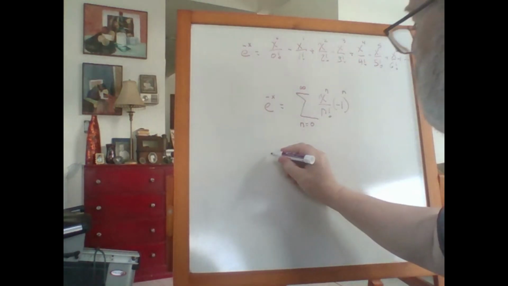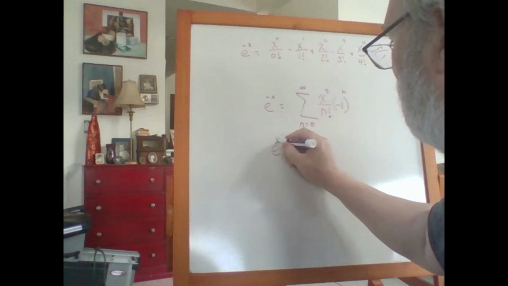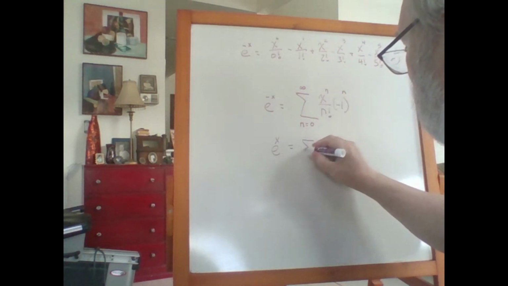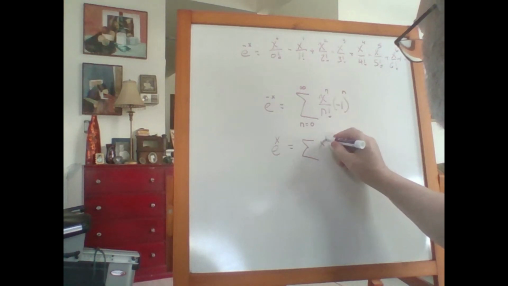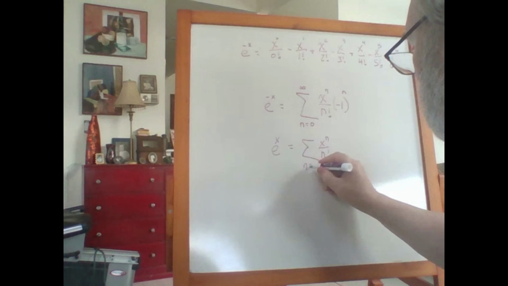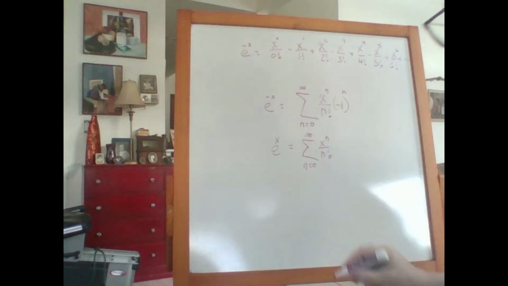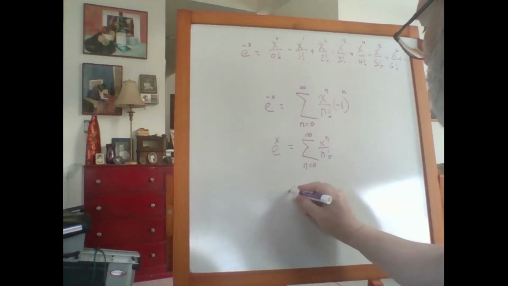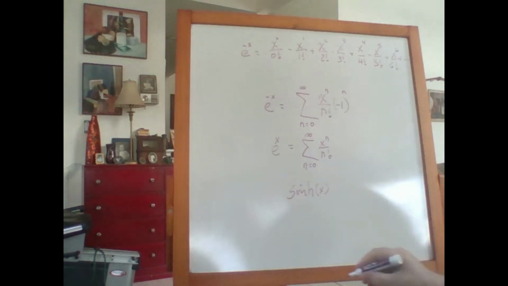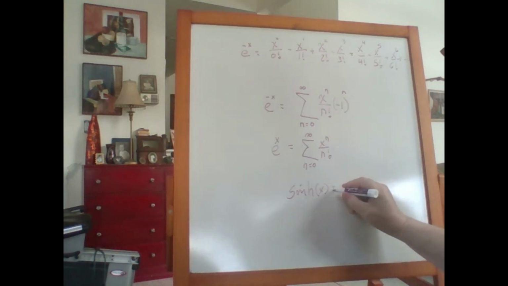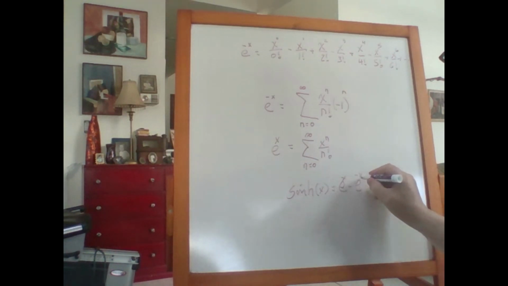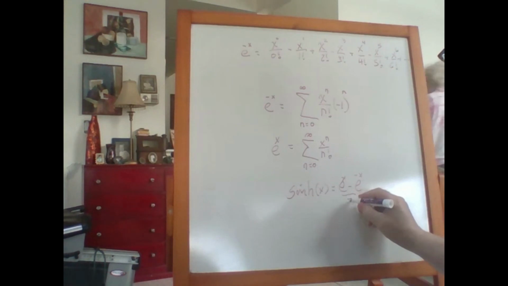And now we have e to the x equals, remember our summation sign, x to the n over n factorial, n equals 0 to infinity. And remember sinh x, our hyperbolic function, is equal to e to the x minus e to the minus x over 2.